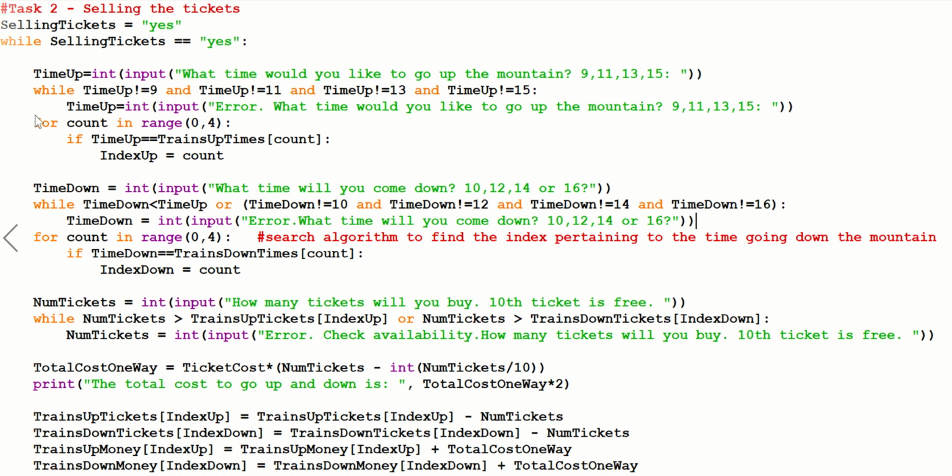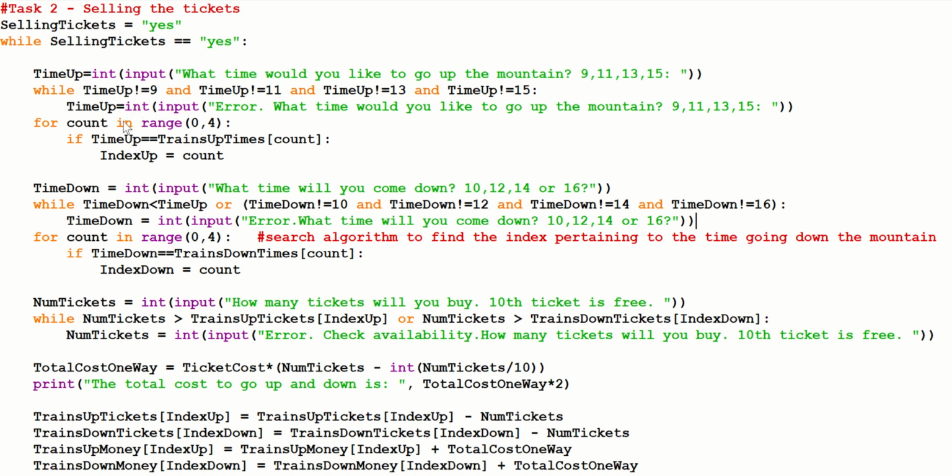So for count in range 0 to 4, if time up equals change up times count, whichever position. For example if it was 11, that's position 2, position 1 in the array, because it starts with 0, 1, 2, so it's position 1, right?